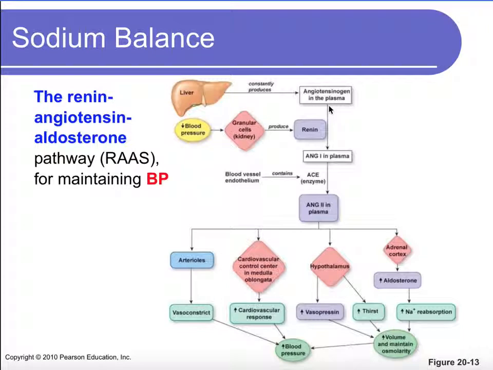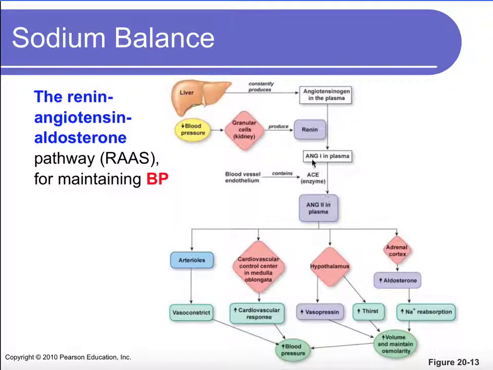Now, angiotensinogen is constantly produced by the liver. So the liver produces angiotensinogen, and it's circulating in your blood, minding its own business until the kidneys release renin. When renin is released, it will convert angiotensinogen into Ang1. Now, Ang1 is angiotensin 1. Angiotensin 1, once it's made in the blood from the angiotensinogen, will get converted into angiotensin 2.